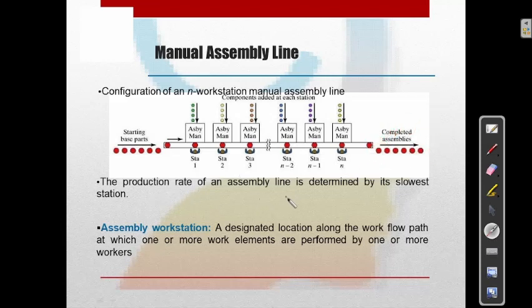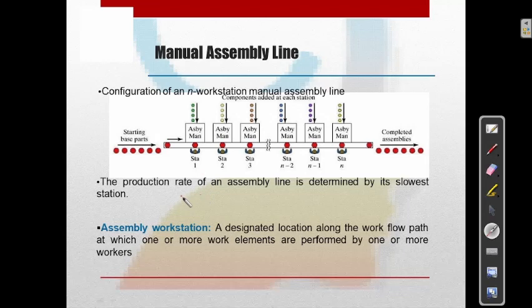The production rate of an assembly line is determined by its slowest station, because the main thing with an assembly station is that it has to have a particular time, as we saw before with cycle time. We have to do some work at a certain time.